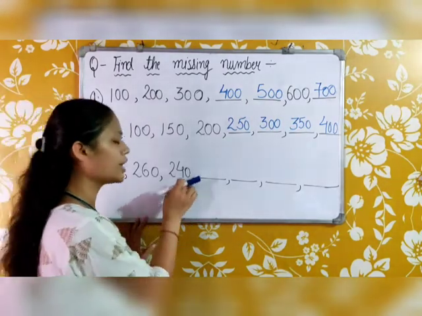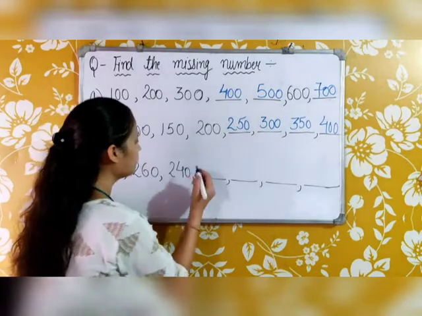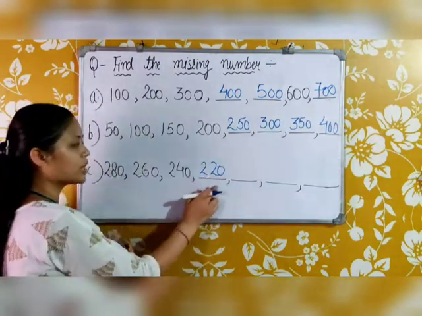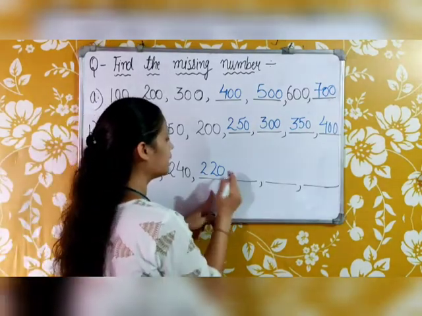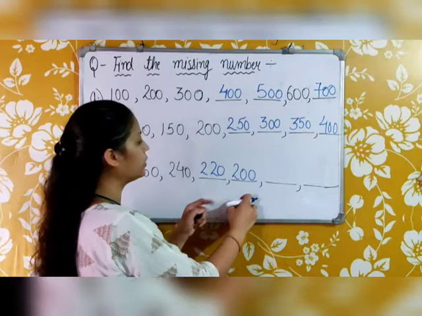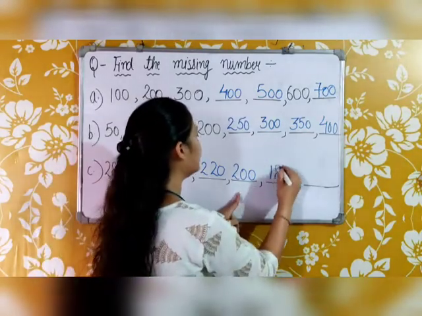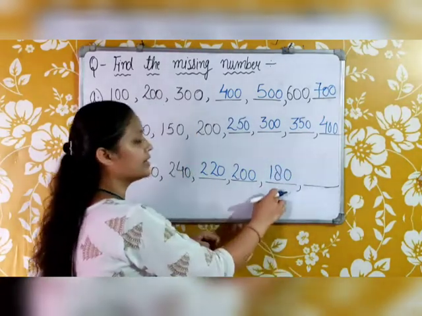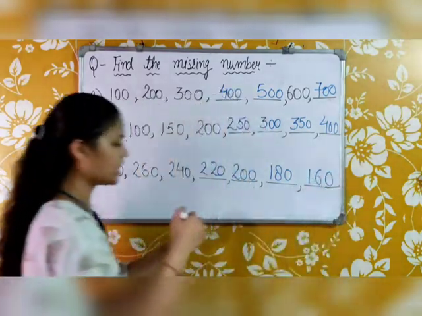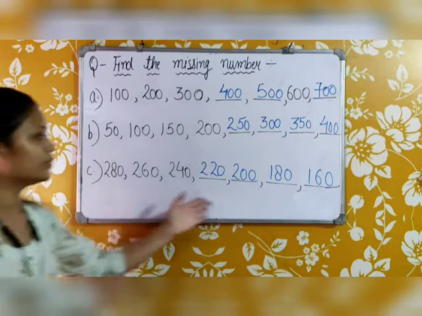Then again we subtract 20 from 240, it becomes 220. Then again we subtract 20, it becomes 200. Again we subtract 20 from 200, this becomes 180. Then again we subtract 20 from 180, this becomes 160. So this is how we will do it. There is a gap of 20.